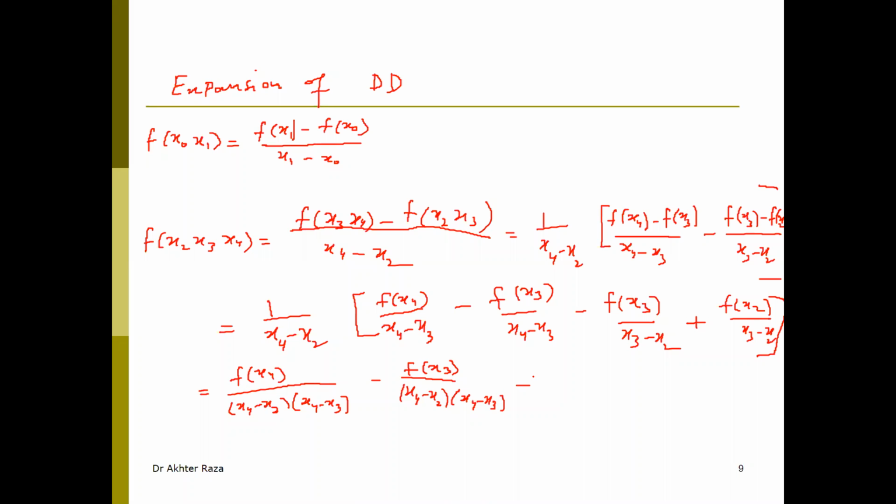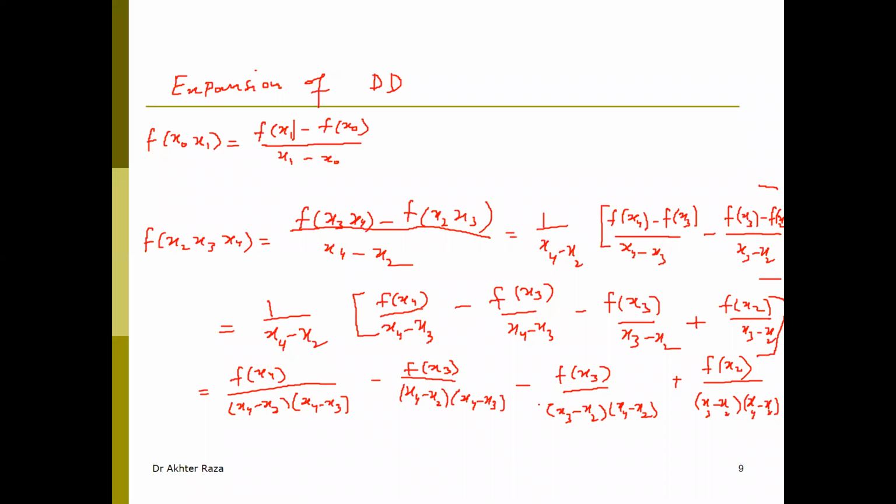Then we have minus sign, f(x3) divided by x3 minus x2 and x4 minus x2. And we have a plus sign here, f(x2) divided by x3 minus x2 and x4 minus x2.